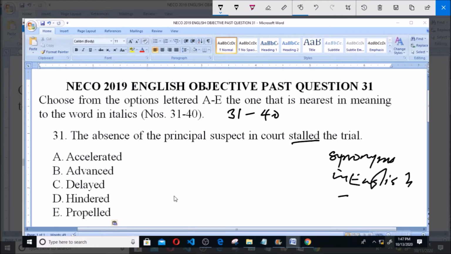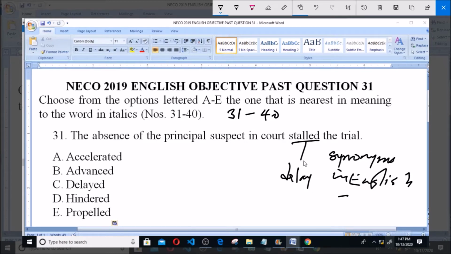The sentence says the absence of the principal suspect in court stalled the trial. The absence of the principal suspect in court stalled the trial. And when we talk of stall, the word stall means delay.